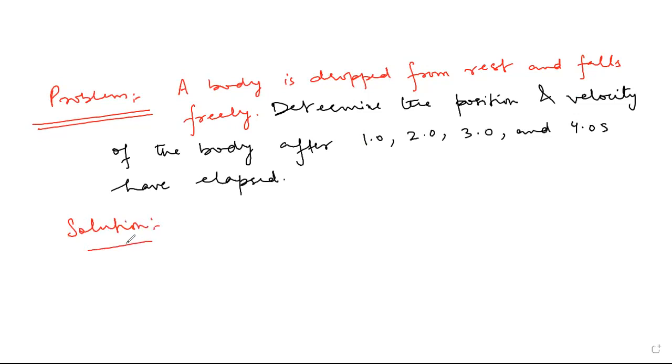We have already discussed the equations of motion for motion with constant acceleration, one-dimensional case. These were the equations. V is equal to V naught plus At. Then we have X is equal to X naught plus V naught T plus half At square. Then we have V square is equal to V naught square plus 2a times X minus X naught.